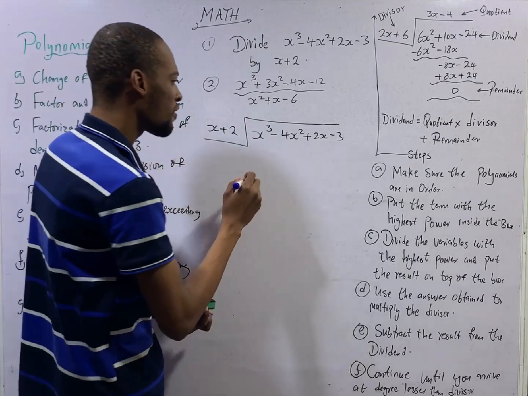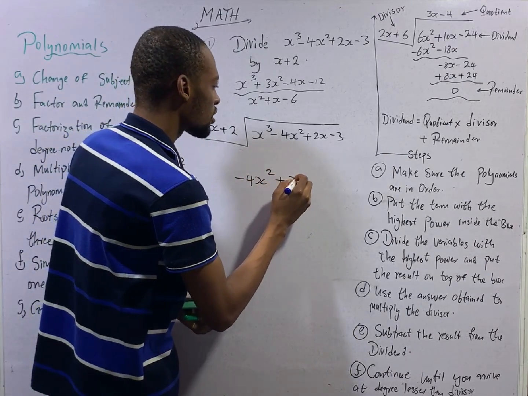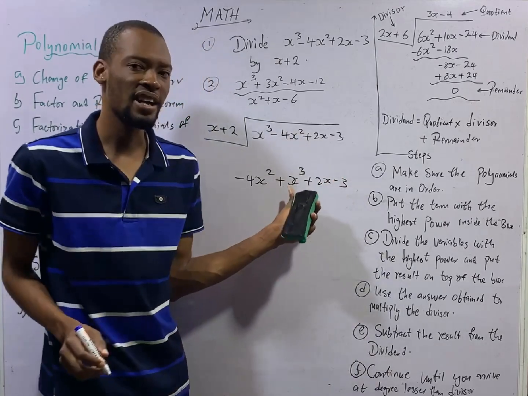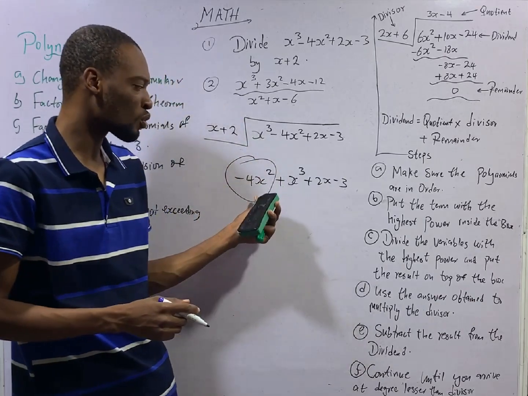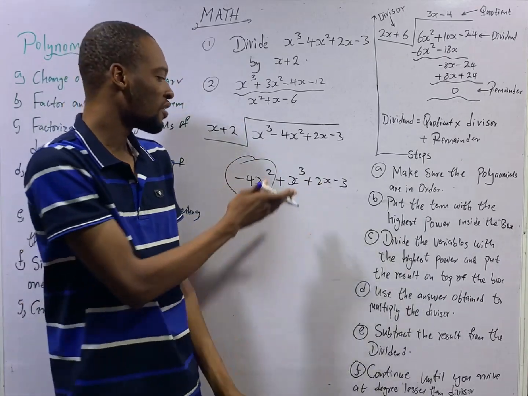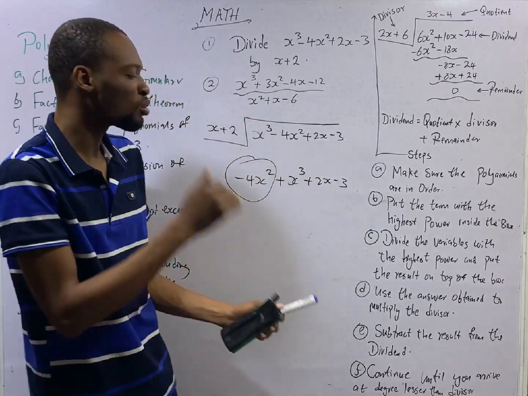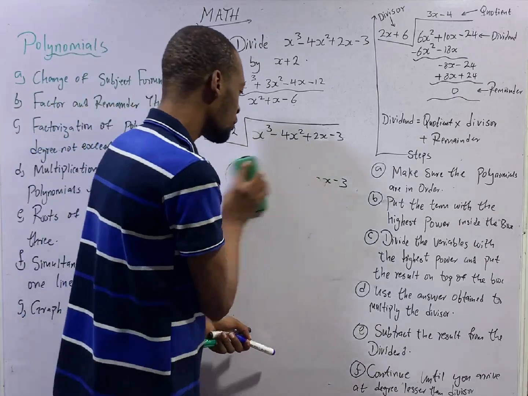A situation where you have minus 4s squared plus s raised to the power of 3 plus 2s minus 3. Here, the degree of the polynomial is not 2, it is not by the first one. It is by the highest power. The degree here is 3. So it is your duty to rearrange to get the descending power of the variable.